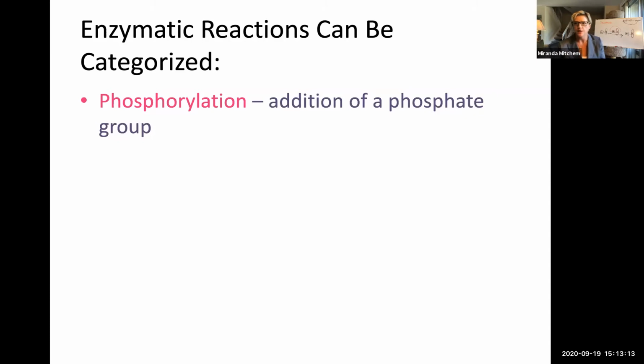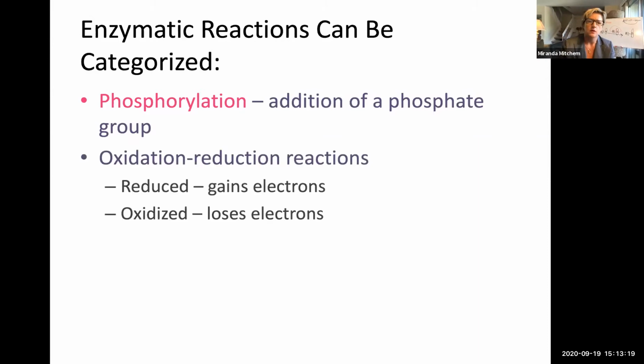That's all it means. You are phosphorylated if you add a phosphate group on. So we have a bunch of enzymes that function this way, but we also have these redox reactions, and we need to understand the role of enzymes here, and specifically the role of the coenzymes as well.